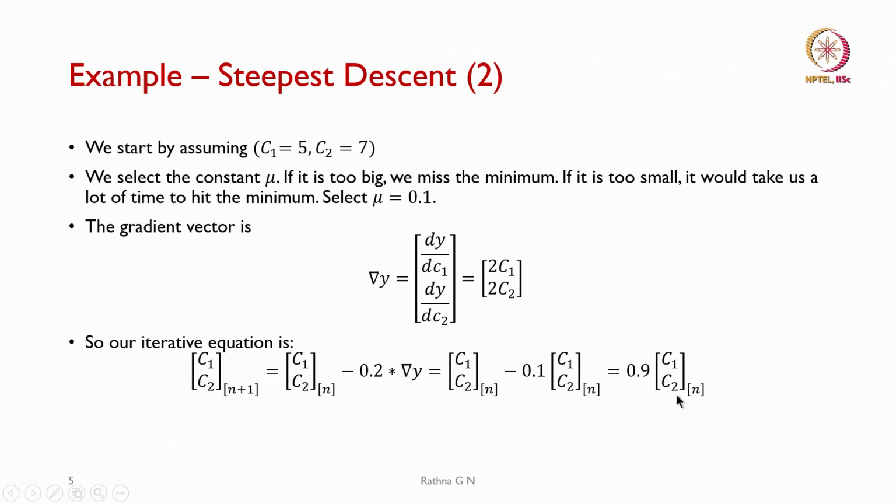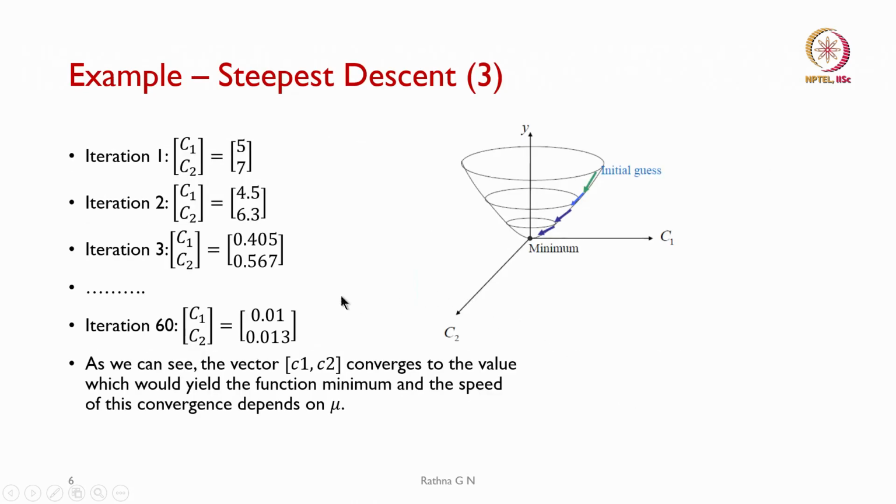So, in the next iteration, by multiplying C1, C2, you will get 0.9 times 5, which is 4.5, and this becomes 6.3, and then we continue this in iteration 3, 4.5 into 0.9. This is what we will get, and C2 is this value. At iteration 60, as you can see, the value has come down to 0.01.